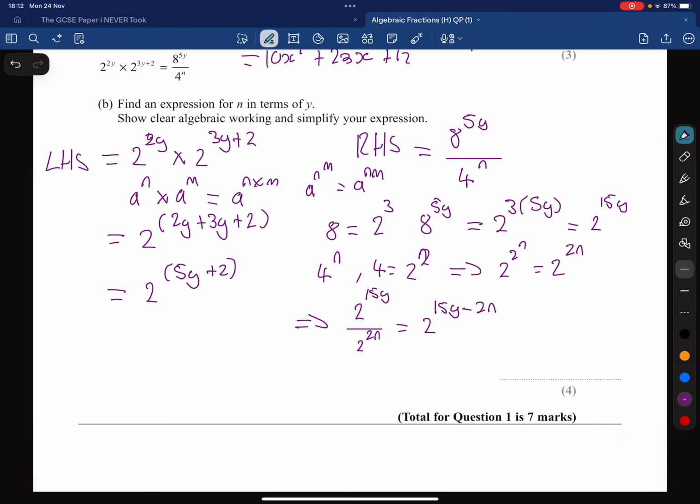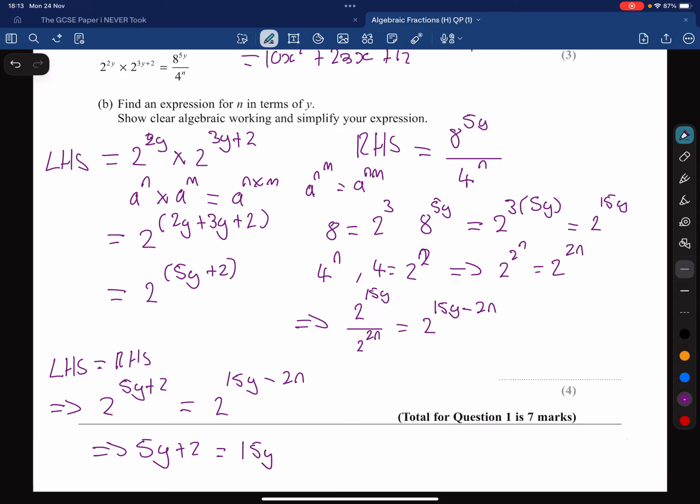So now we've got the left hand side equal to the right hand side. Therefore we've got 2 to the 5y plus 2 is equal to 2 to the 15y minus 2n. These are equal, so 5y plus 2 is equal to 15y minus 2n.